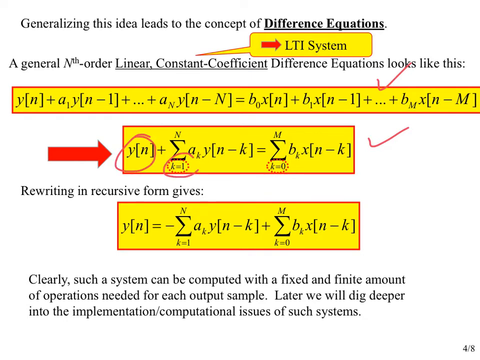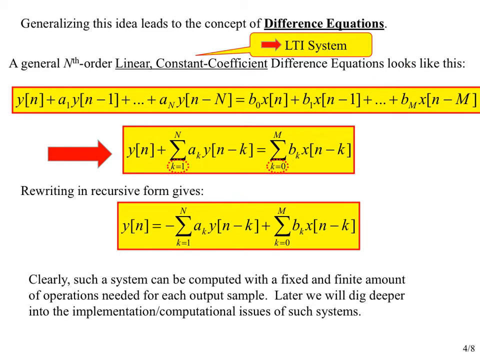That's why this sum starts at k equal to 1, whereas on the right hand side we start the sum at k equal to 0 because we don't have any need to write the x of n term separately.